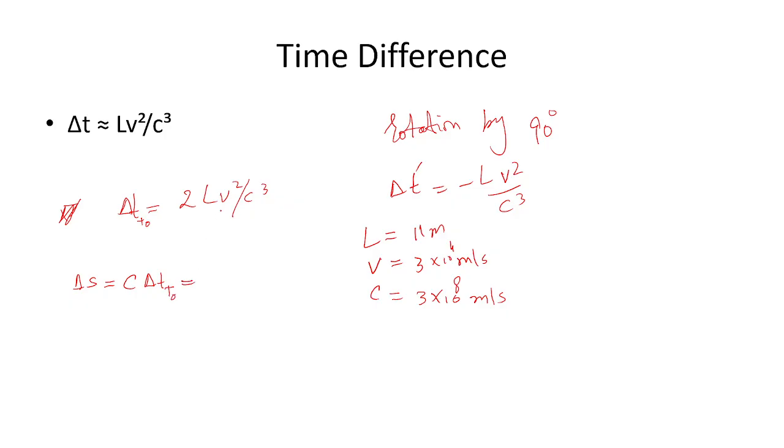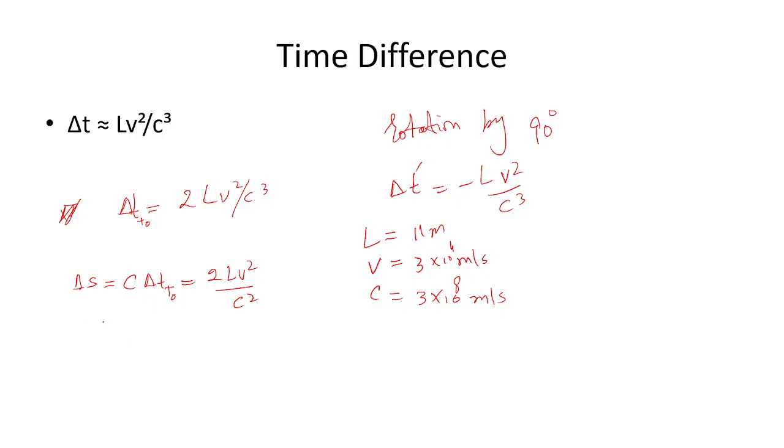So when we multiply this with c, we get 2L V square over C square. This is the total path difference of the beam when it moves perpendicular to the path of the light and parallel to the path of the beam. So this is the total length difference.